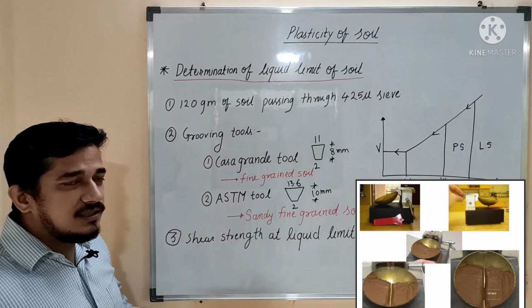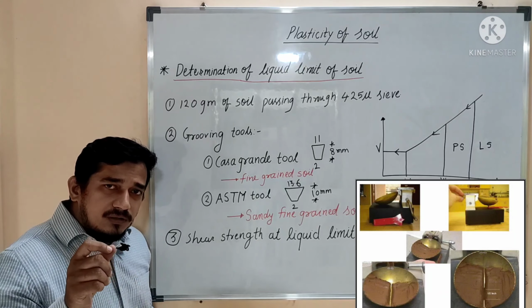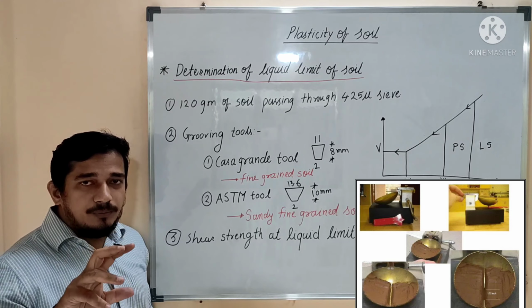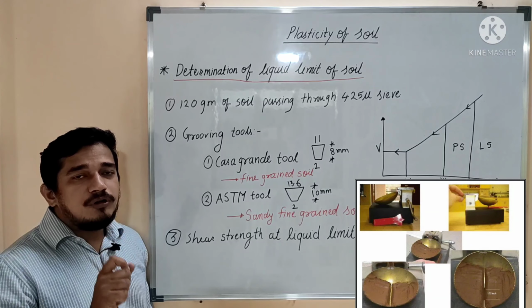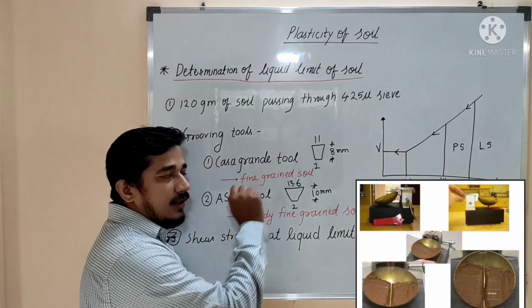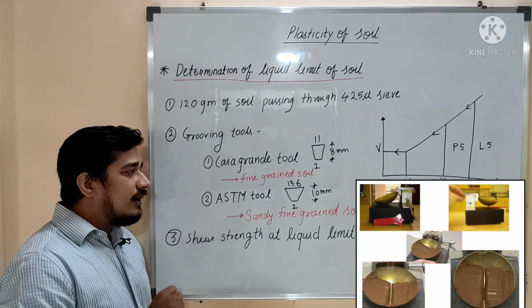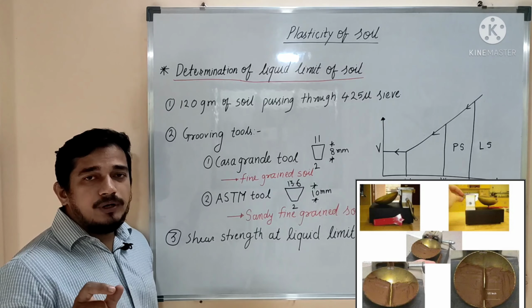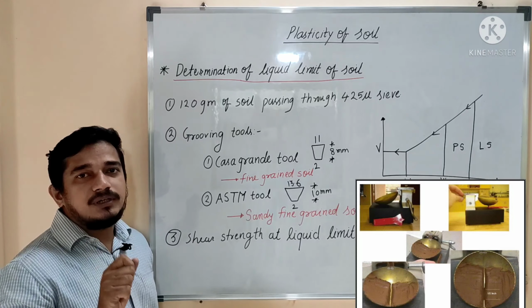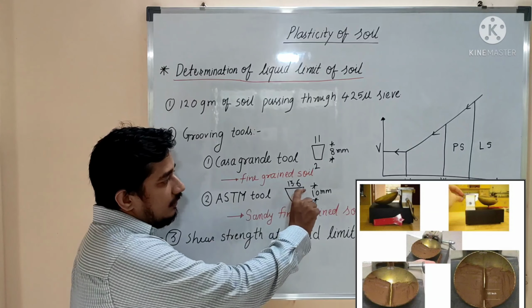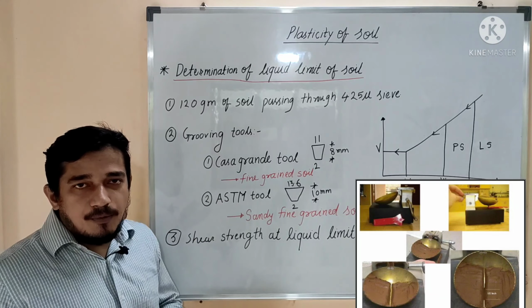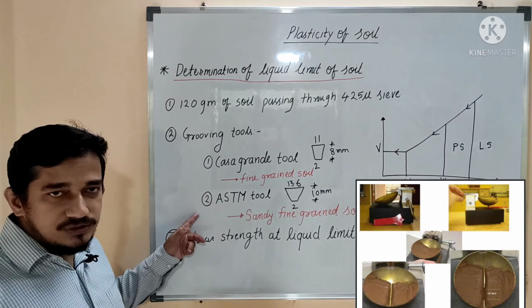In the case of the Casagrande tool, the bottom width of the groove will be 2 mm, depth will be 8 mm and top width of the groove will be 11 mm. In the case of the ASTM tool, the bottom width of the groove will be 2 mm, top width will be 13.6 mm and depth will be 10 mm. So depending on the type of soil, you will be using these tools.